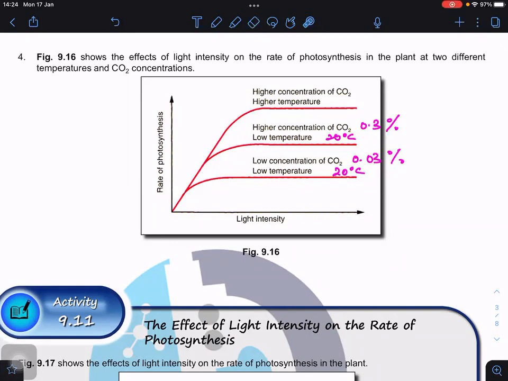Can you see that? So what are the factors that contribute to the level-off here? It might be due to internal factors, for example the number of chloroplasts, the number of palisade mesophyll cells, the number of pigments. Or it might be the wrong wavelength. Are you clear?